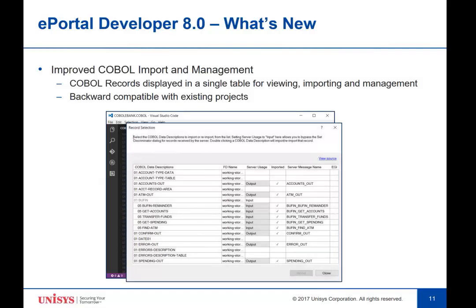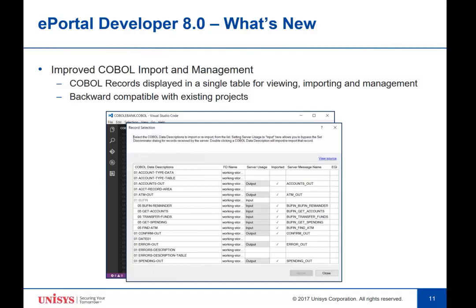You'll get a nice summary of your program, and you can manage it all from this one grid. So for example, if we go across the top here, you see the COBOL data descriptions for all the records you've imported. In many cases, we can detect whether or not that particular record is used for input, output, or both.